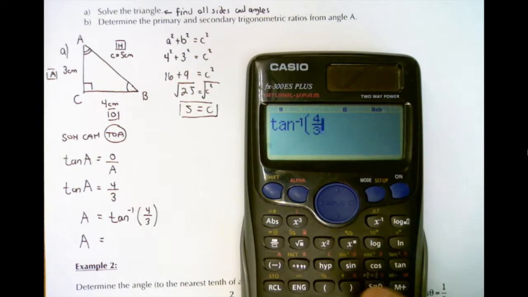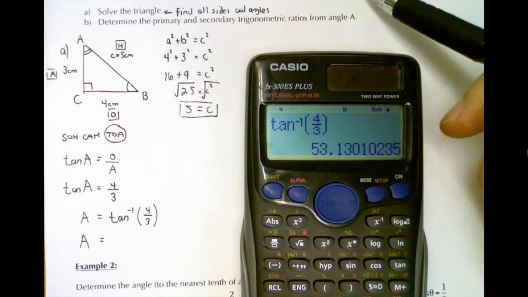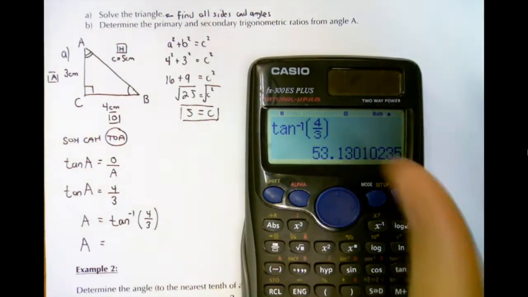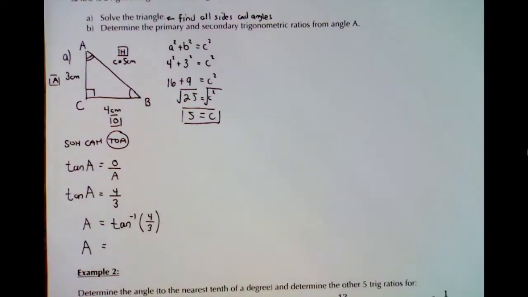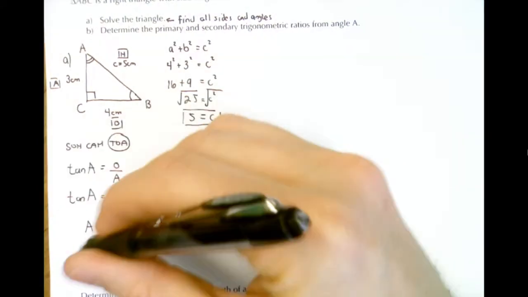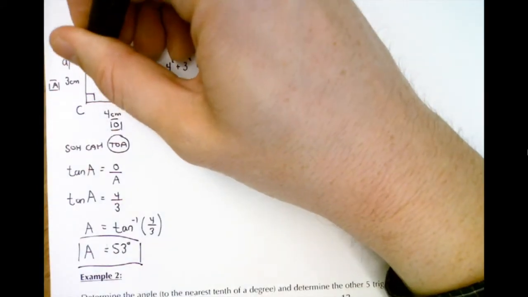And I get 53.13. It doesn't tell us what to round to. The only angle we're given is 90, no decimals, whole angles. I'm going to go with whole angles. Round to what I'm given in the question, 53 degrees approximately. So now we know A, I'm going to put that on my triangle, 53 degrees.